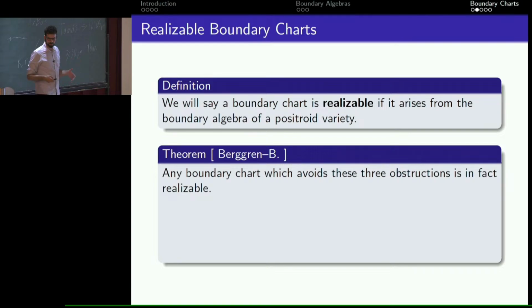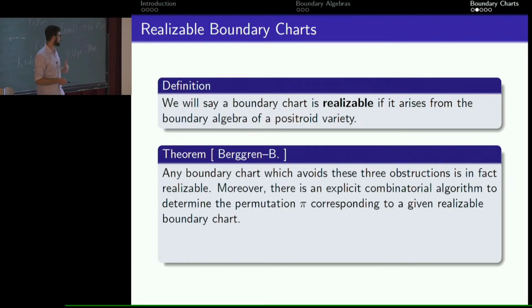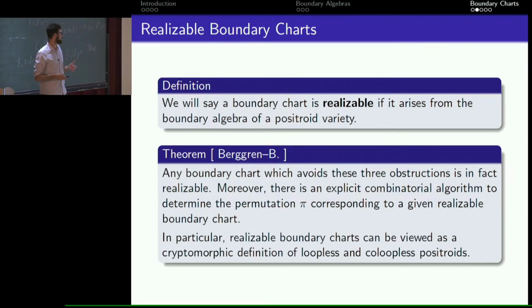But the upshot is that these are the only 3 things that can go wrong. So any boundary chart which avoids those 3 obstructions is actually realizable. And not only that, but we have an explicit combinatorial algorithm which allows us to determine the permutation pi from the realizable boundary chart. And knowing pi is the same thing as knowing the positroid. So really, you can see this as a cryptomorphism for positroids, or loopless and co-loopless positroids.